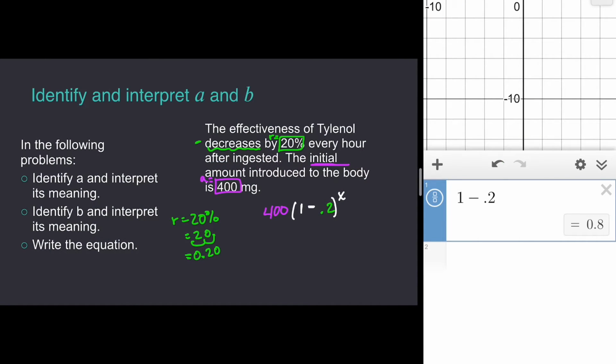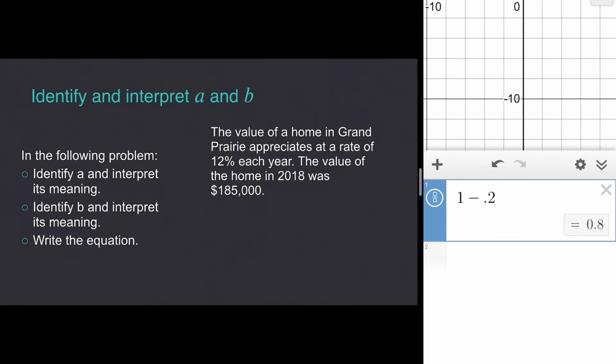So 0.8 is our B value, and it is how much Tylenol is left from the original amount. So our equation is f of x equals 400 times 0.8 to the x power. Perfect. All right, go ahead and pause this video and try this example in your notes.